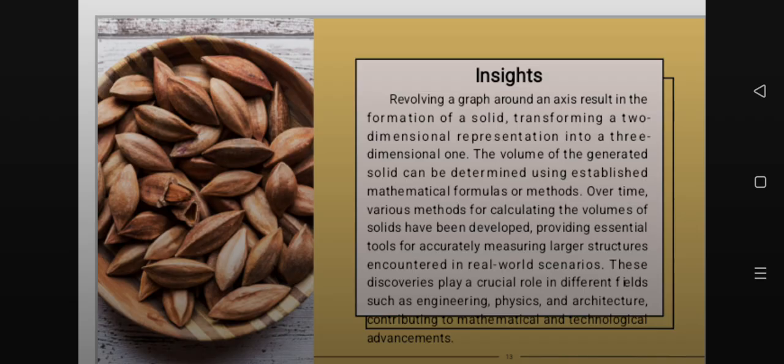Over time, various methods for calculating the volumes of solids have been developed, providing essential tools for accurately measuring larger structures encountered in real-world scenarios. These discoveries play a crucial role in different fields such as engineering, physics, and architecture. Understanding these methods makes it easier to compute exact measurements, contributing to mathematical and technological advancement.